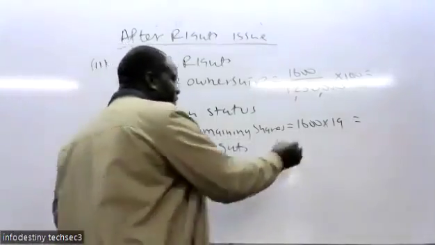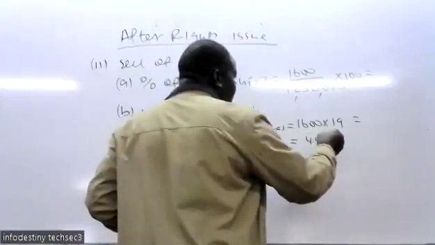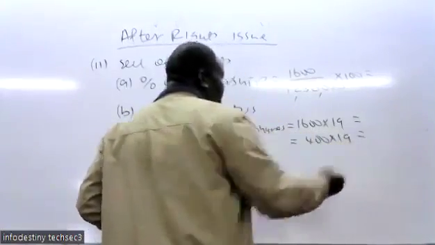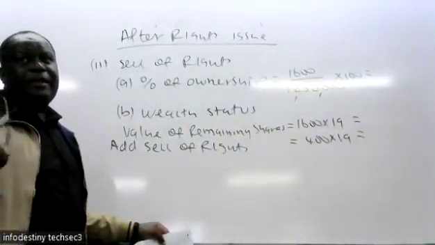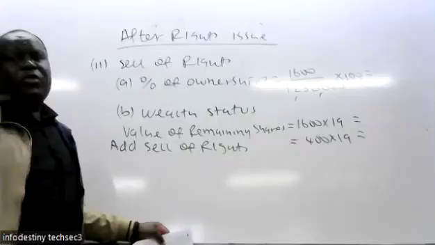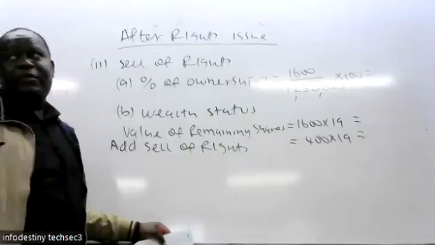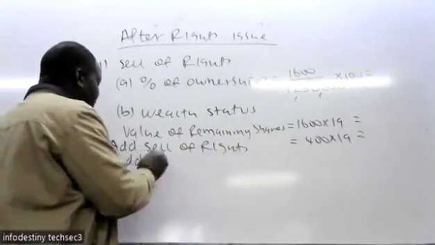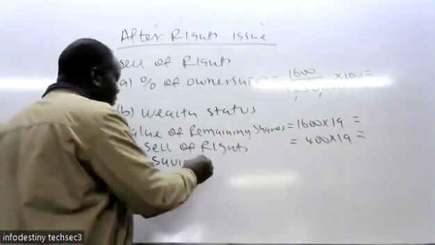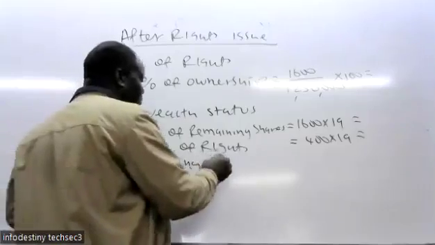So you will sell the 400. But when you are selling again, you will still sell at the theoretical ex-rights price. After the rights issue, all shares are valued at the theoretical ex-rights price. Then you still have some money in the savings account. You also add the savings account.